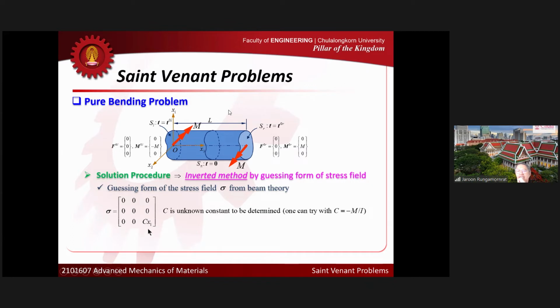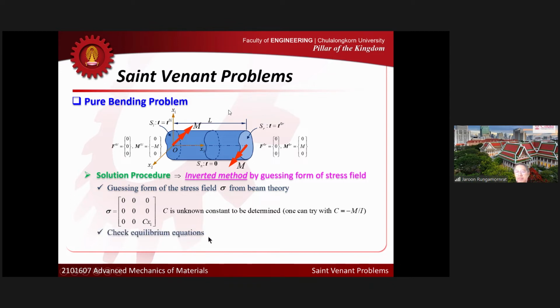So we can simply compute stress based on minus M multiplied by x1 over I. You can do it that way as well. But I just simply keep the constant here like this, and I will get to it later. But if you would like to be more specific by simply replacing C with this one, it's okay too. Okay, it depends on your experience as well.